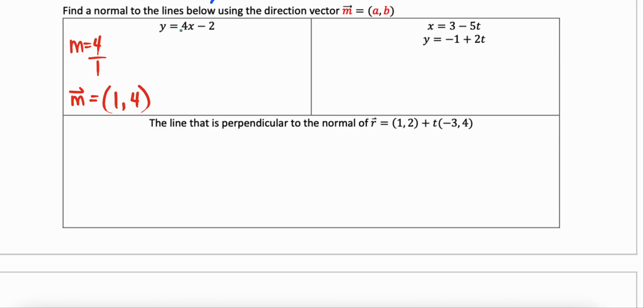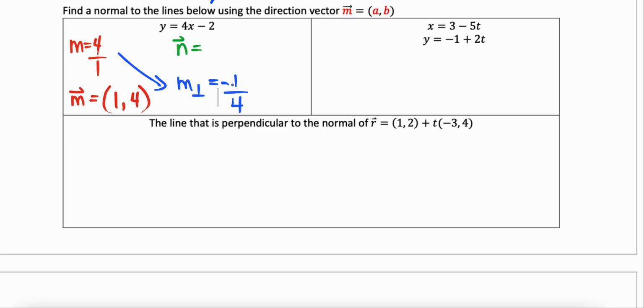And so if I wanted to write a normal vector, my normal vector would be coming from the fact that I'm looking for a line that is perpendicular to this original line. So if my slope of my original line was 4 over 1, well then the slope of a line that is perpendicular to that would be 1 over 4, but I'm going to make it negative.